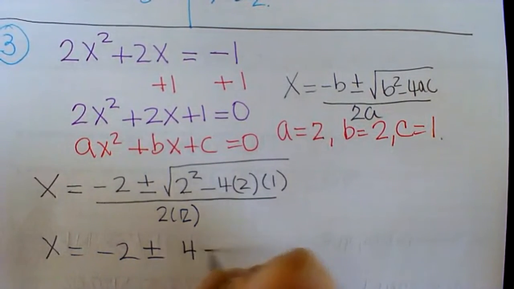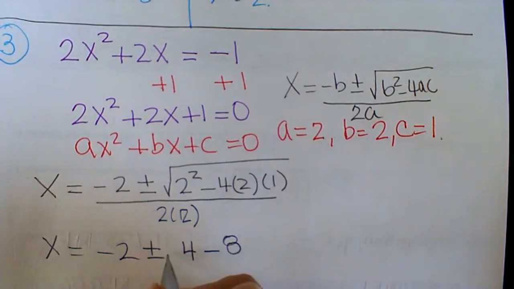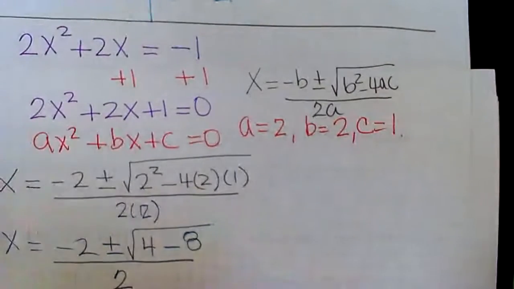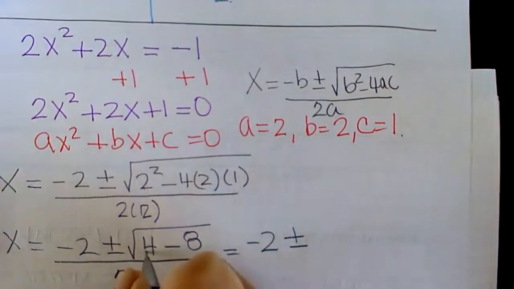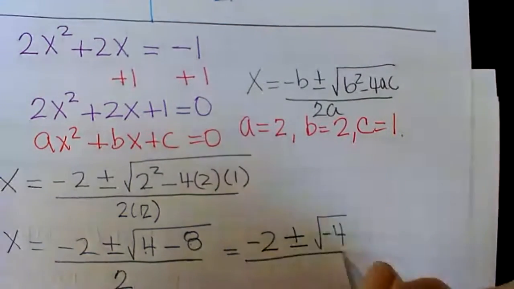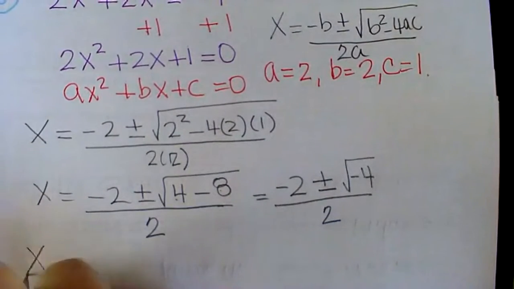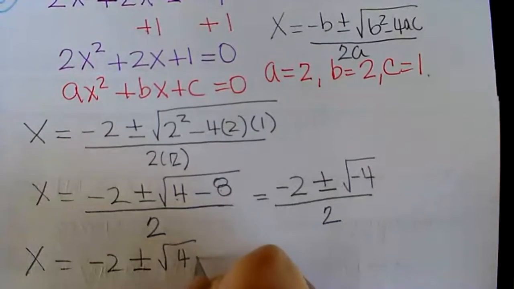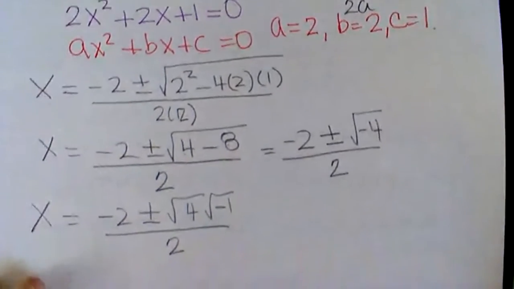So now I have a 4 and this is 8. Right? So it's negative 2 plus or minus the square root of 4 minus 8. That's negative 4. So then let me get the imaginary number there. Plus or minus the square root of negative 1 over 2. Right? Are you guys following me?